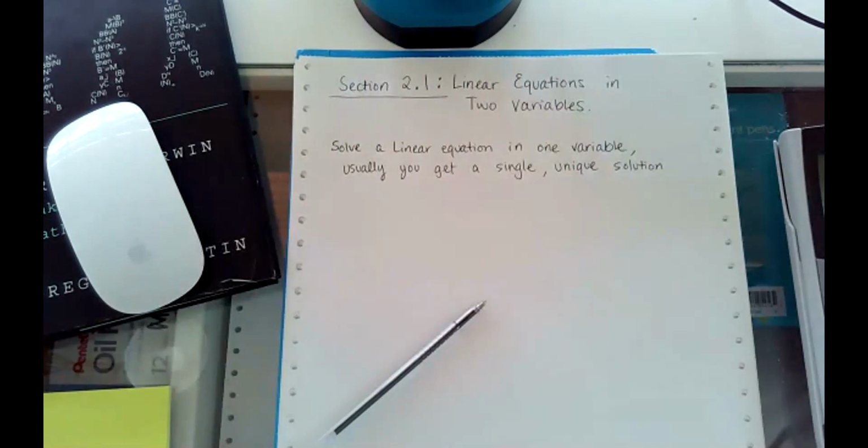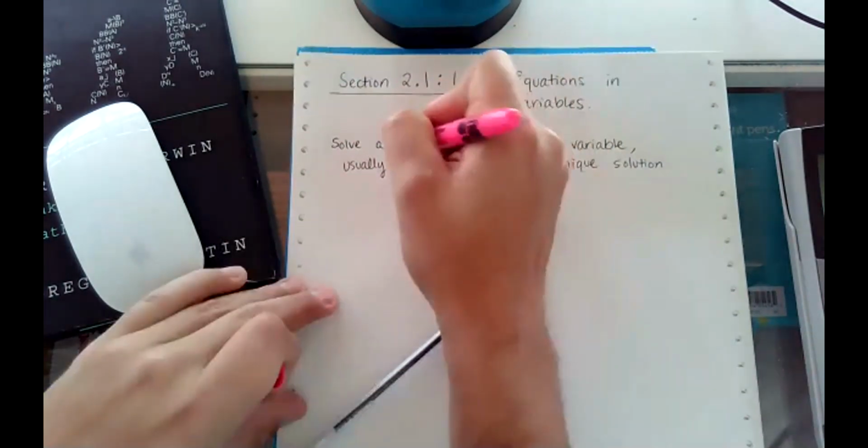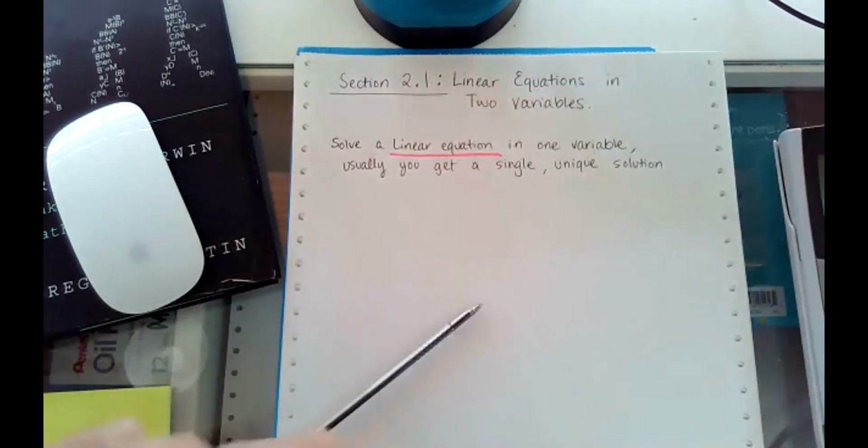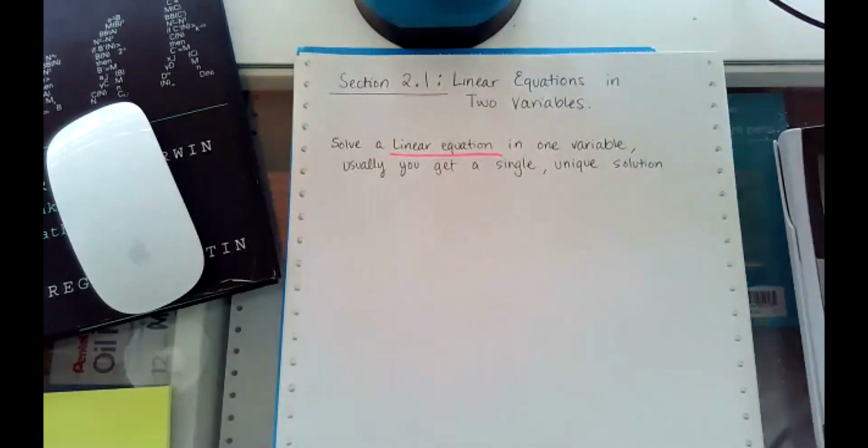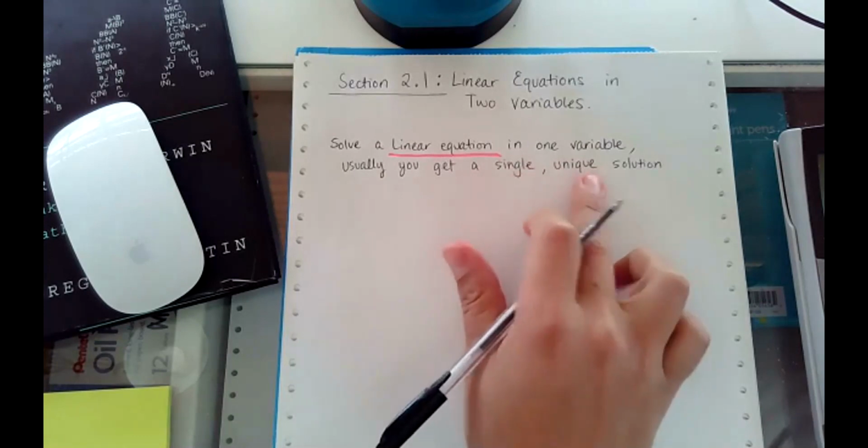Now this pertains particularly to linear equations, because you might remember vaguely what I said last week is that other kinds of equations might have one or more solutions. But for linear equations, you're only going to get a single unique solution.